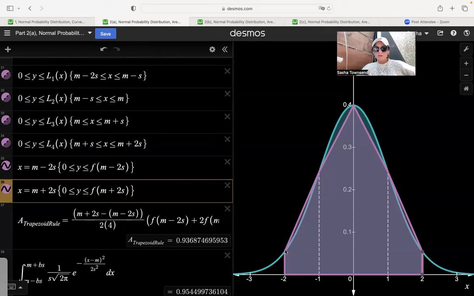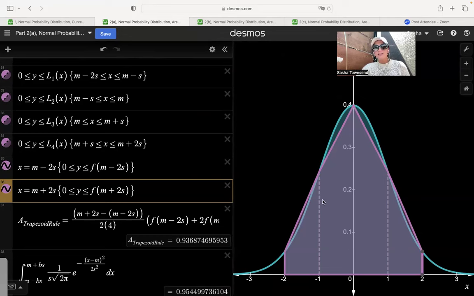And the two bases are the function value at -2 and the function value at -1. So we're going to have 1 times 1/2 of the sum of those bases. So that's f of -2 plus f of -1. And then on the next subinterval, we're going to have 1/2 times delta x, which is 1, times the sum of the bases. That's going to be f of -1 plus f of 0.